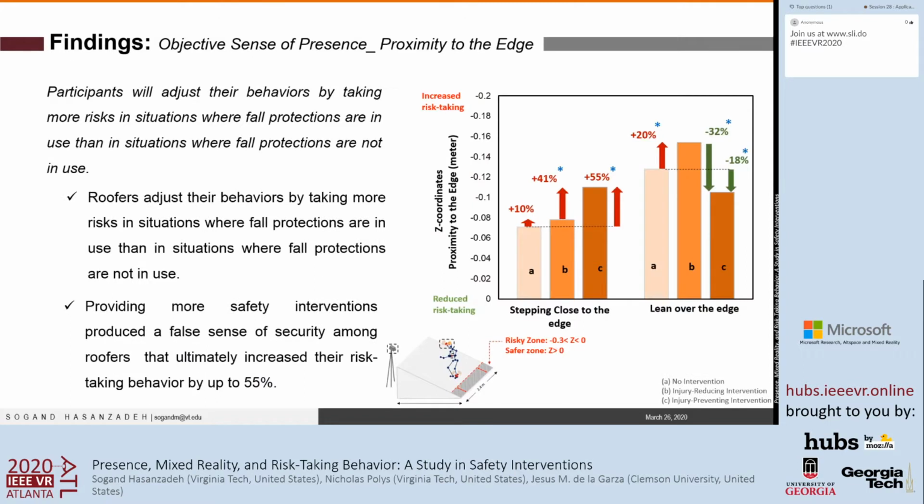Another objective measure is related to the proximity to the edge. Our results show that the participants increased their risk-taking behavior by 55% by stepping closer to the edge when they were provided with safety interventions, conditions B and C. Under condition C, which is the guardrail in place, we were able to reduce the risk-taking behavior in terms of leaning over the edge, because of the direction of the guardrail, which is towards the roof.